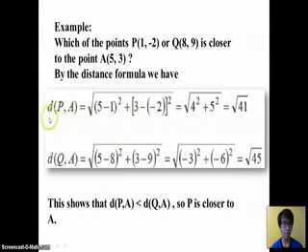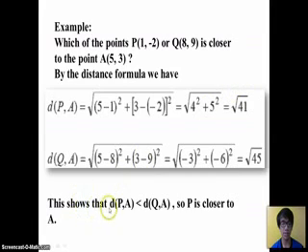Distance PA is equal to the square root of 5 minus 1 squared plus 3 minus -2 squared, which equals the square root of 41, and distance QA equals the square root of 5 minus 8 squared plus 3 minus 9 squared, which equals the square root of 45. Based on the answer, we can know which one is closer to the point A.